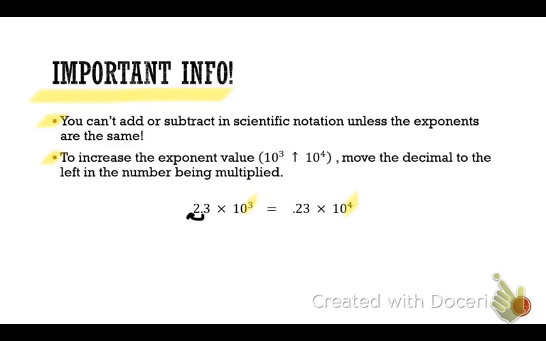To go from 3 to 4, does everybody agree that's increasing by 1? So I move my decimal to the left 1 place, and now I have 0.23. If I need to increase the exponent, I can move the decimal in the number to the left, and it basically cancels out, or offsets, the change.